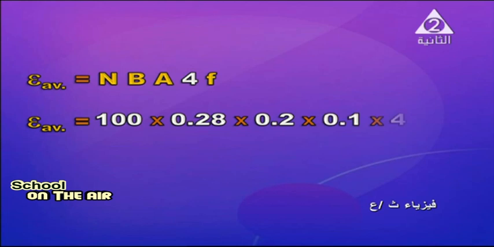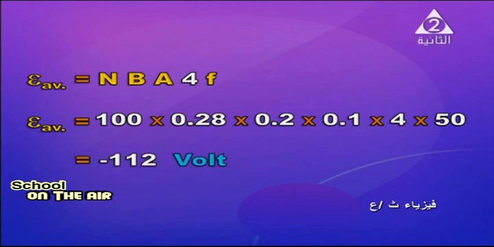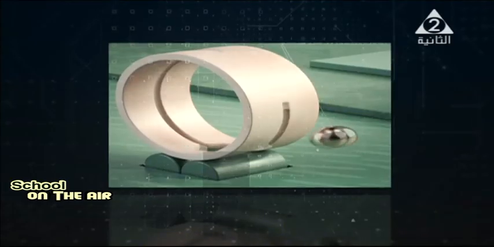So it is 100 times magnetic flux density 0.28 times area 0.2 times 0.1, times the frequency, given as 50. So we'll obtain 112 volts, and the negative sign, as I said, indicates Lenz's rule.